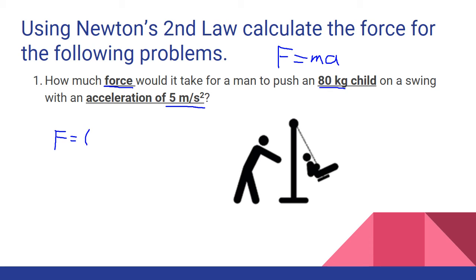So our mass here is 80 kilograms, and our acceleration is 5 meters per second squared. If you multiply that out, you're going to see that it is equal to 400. And remember, our unit for force is newtons.